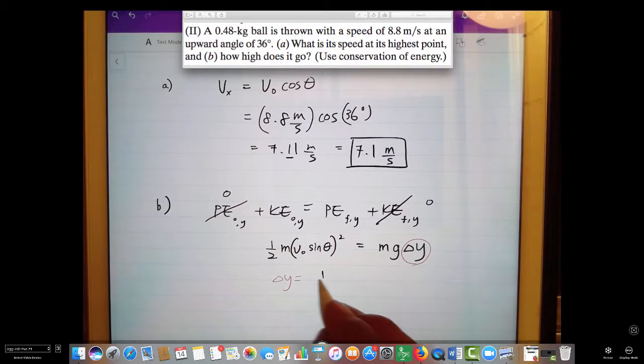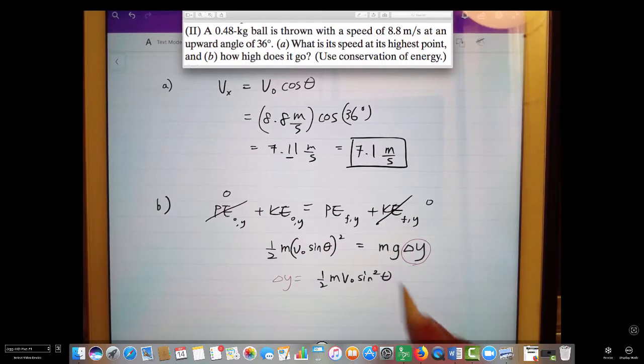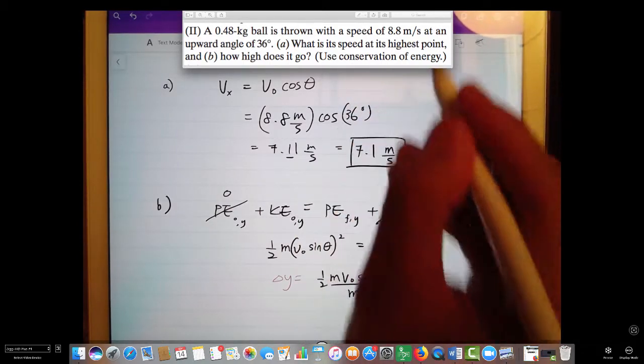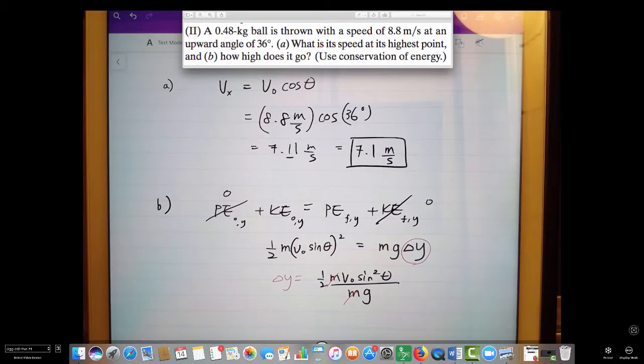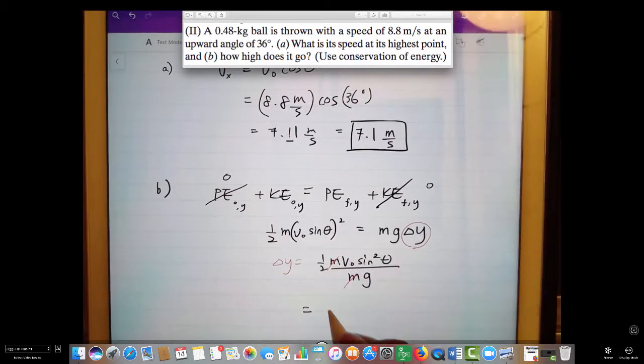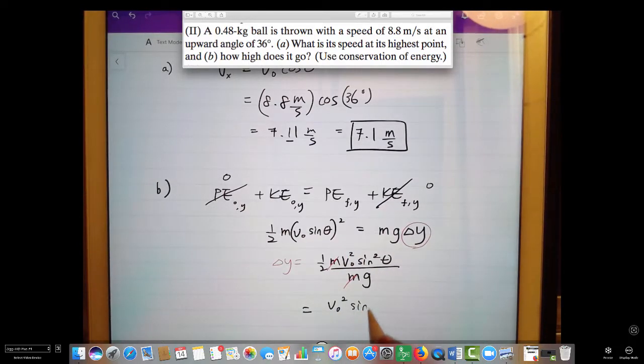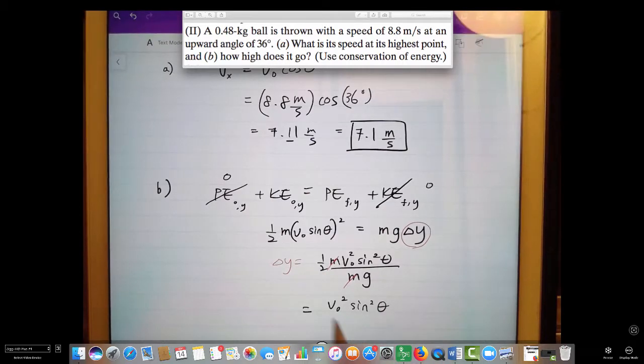I'm going to expand out our square to 1/2 m v0 sine squared theta, and then divide it by m and g. This way I can cancel out the mass, and ultimately you should have v0 squared sine squared theta over 2g. I forgot the square there.